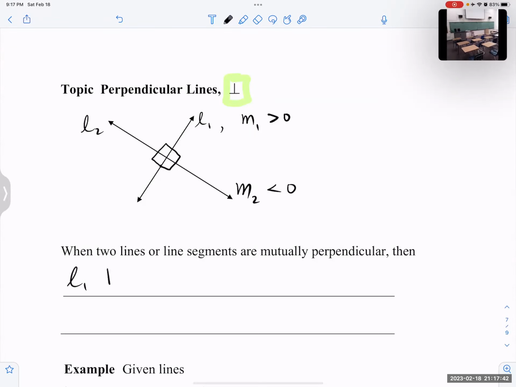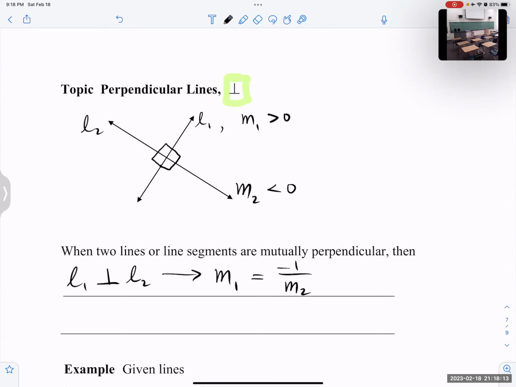Line 1 perpendicular to line 2, if that's a true statement or can be shown to be true, then one slope is the negative reciprocal of the other slope. So they'll be opposite in sign. One slope is negative, one slope is positive, and they will be negative reciprocals of one another.